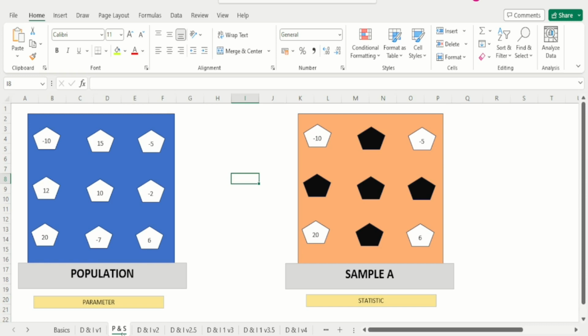On the other hand, the average height when you're dealing with a sample is known as a statistic. Very often you will hear this terminology when you're dealing with statistical text material, where there will be descriptions in terms of parameter and statistic. So it's important that we learn to distinguish this very early on.